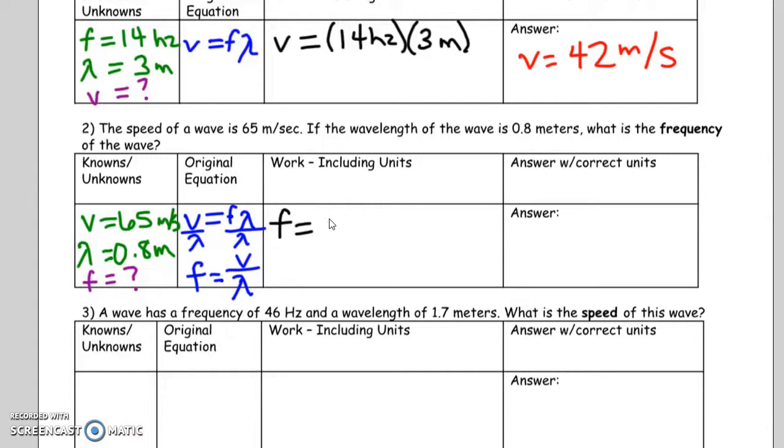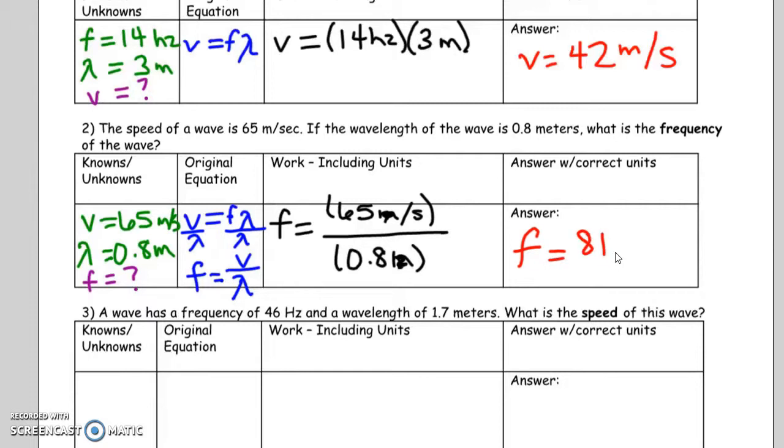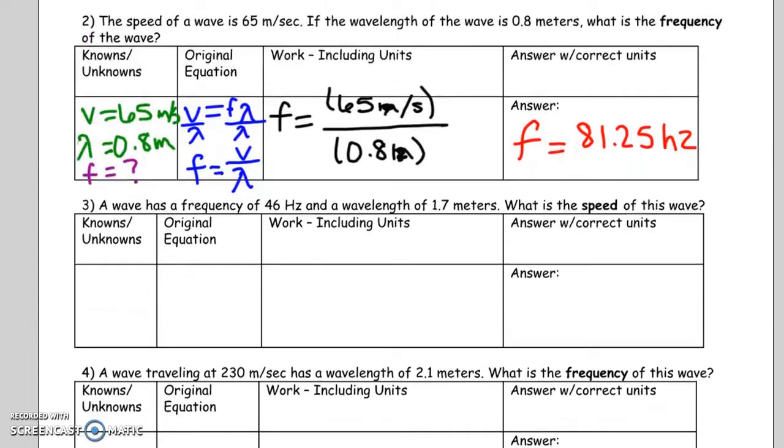So frequency equals 65 meters per second divided by 0.8 meters. You can see here our meters are going to cancel out. And so when I plug that into a calculator, I get frequency equals 81.25 hertz. We won't be worrying about significant figures today.